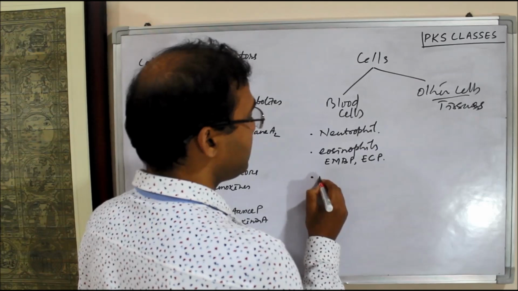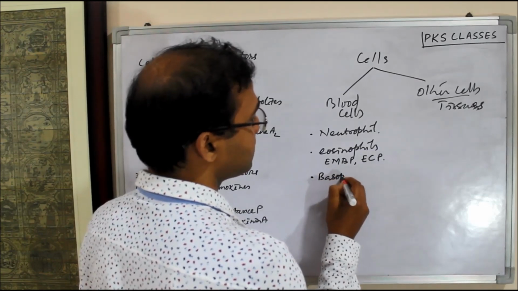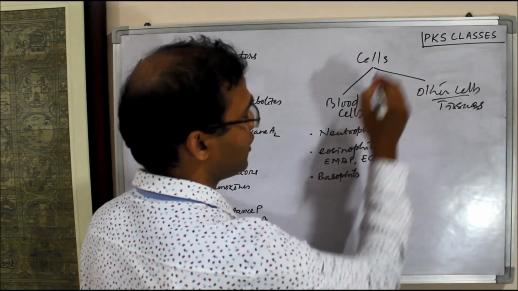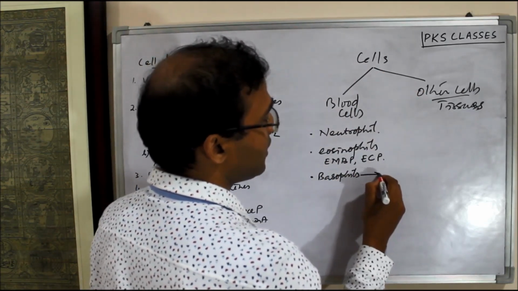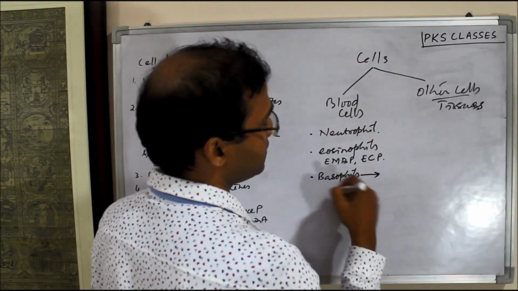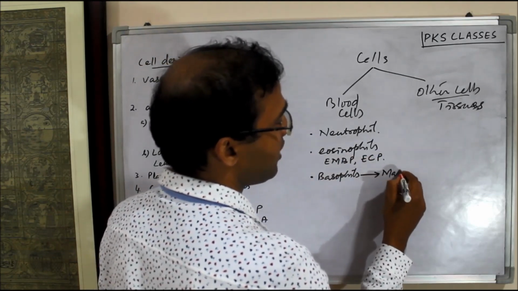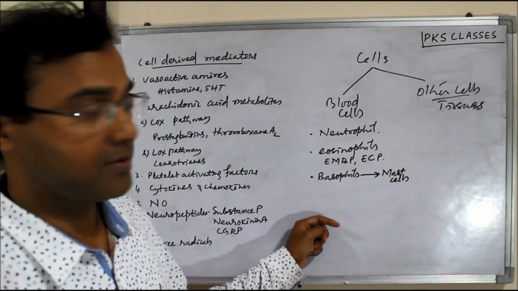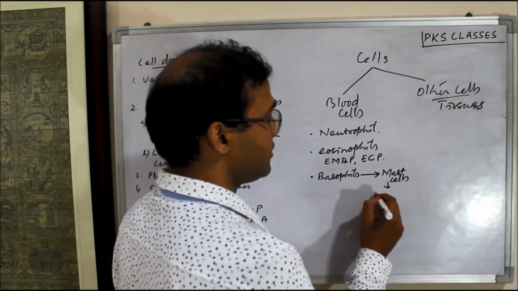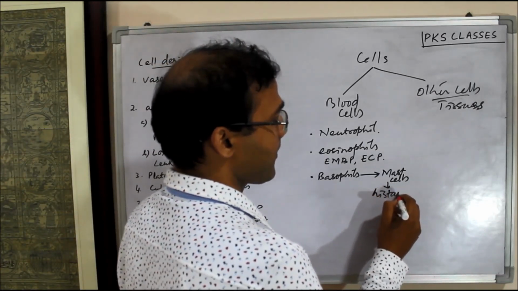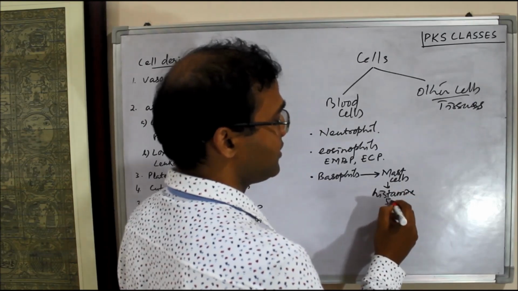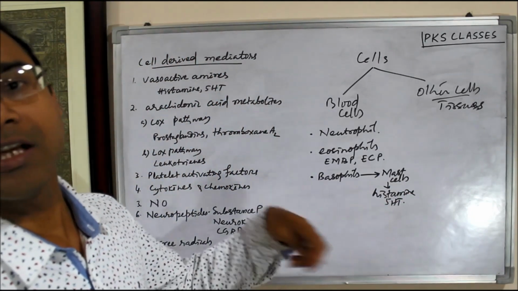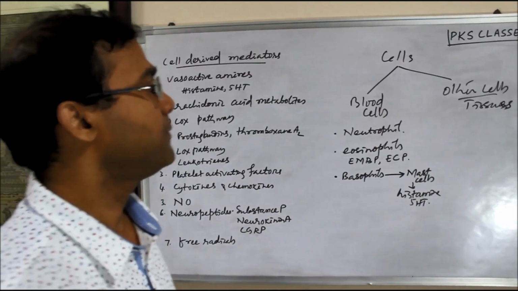Then we have basophils. Basophils are the blood cells, and basophils can be converted to mast cells. So mast cells are nothing but the specialized basophils which release histamine, 5-HT, etc. And histamine causes the anaphylactic reactions. Okay.